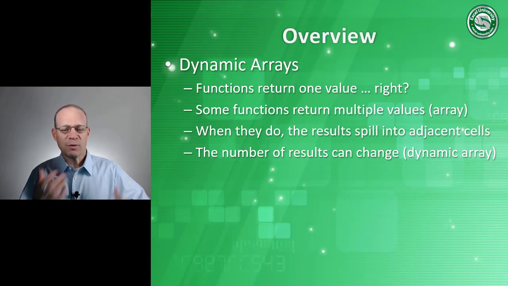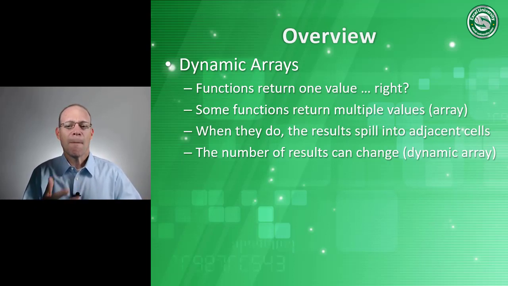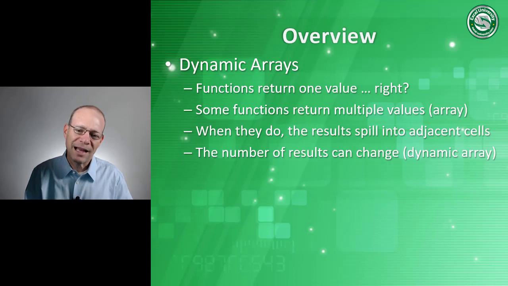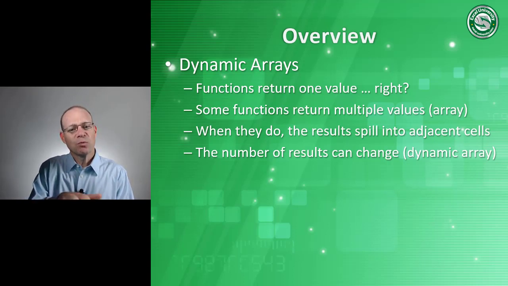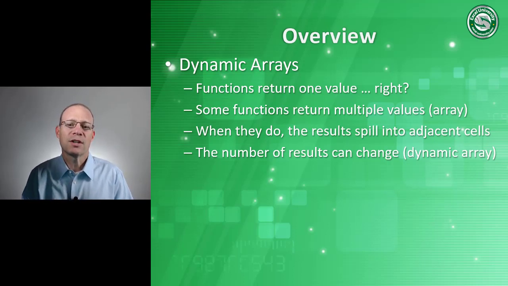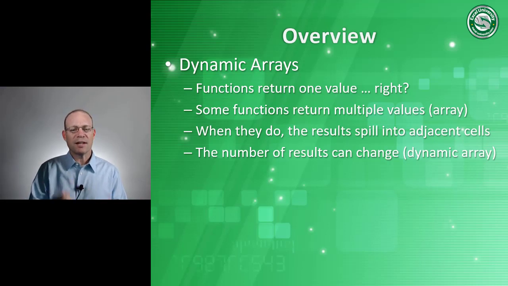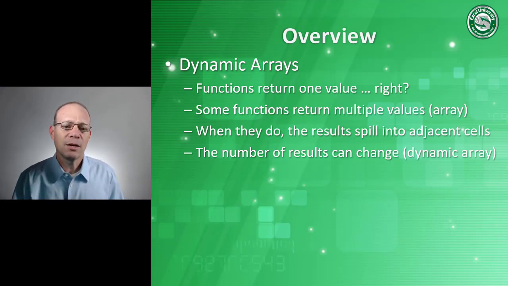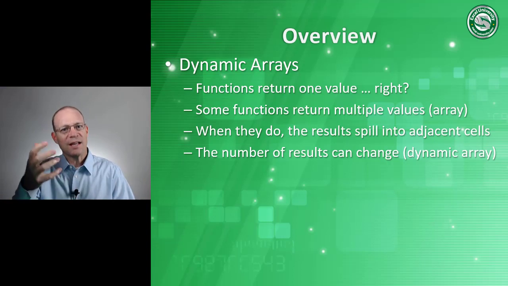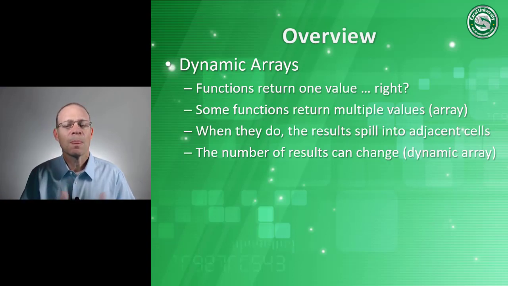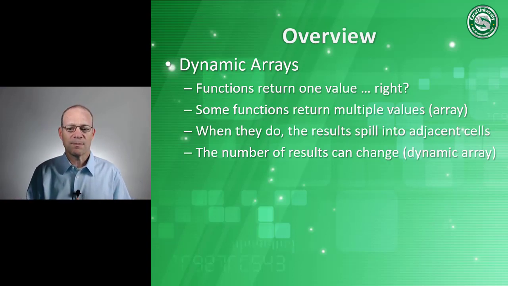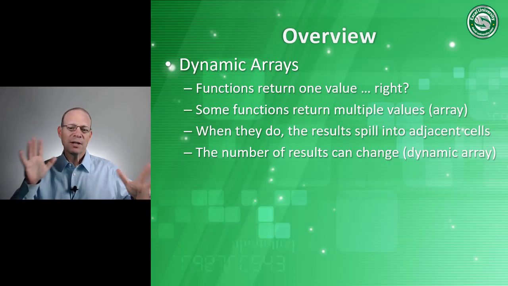When the formula is recalculated, if it returns more results than last time, then the spill range will adjust accordingly. In other words, it's dynamic. Okay? So that's how we get this idea of dynamic or changing size, changing values, array, multiple results. So that's kind of like the big picture.